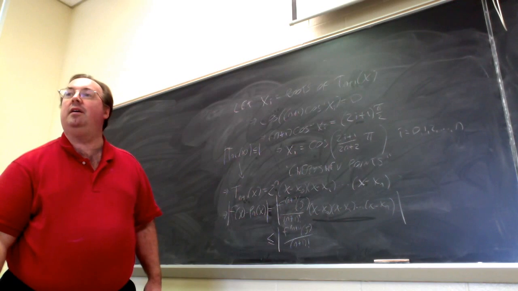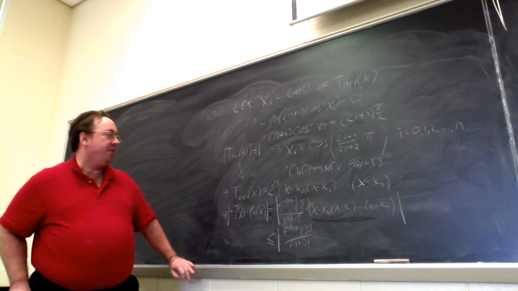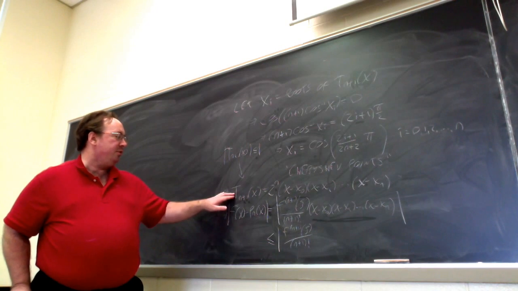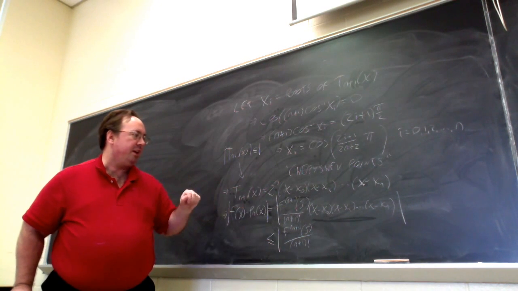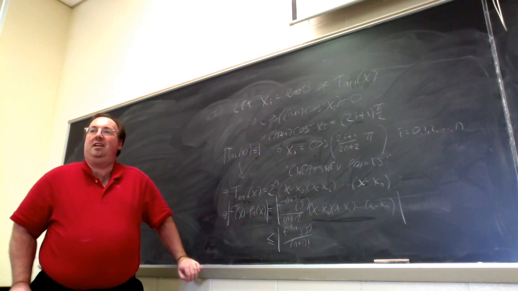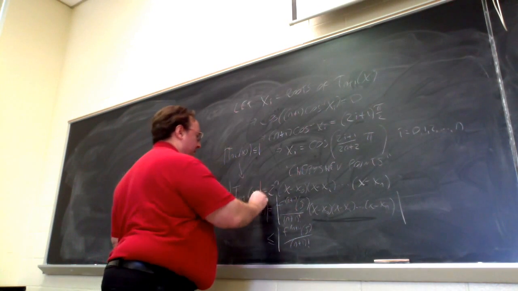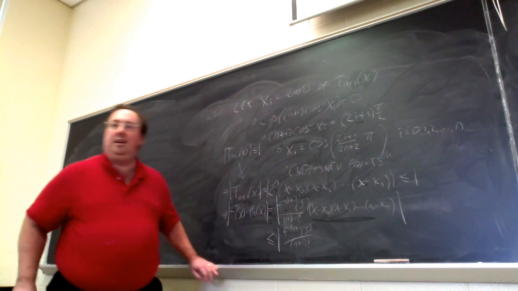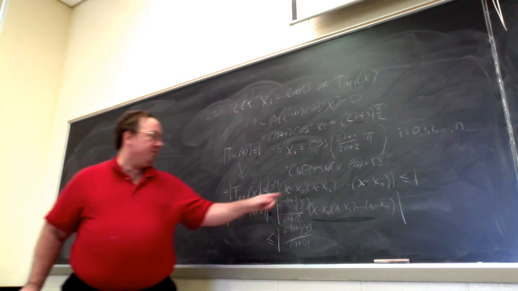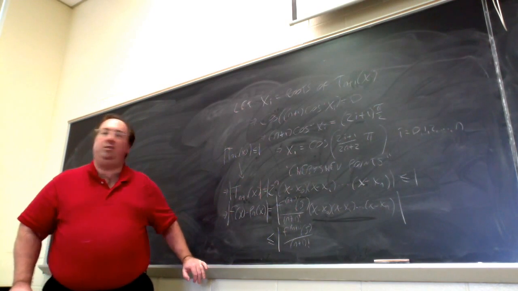Tn plus 1 we know is equal to this whole thing, but I only care about part of it. So knowing that this is less than or equal to 1, the product of all these linear factors is bounded by 1 over 2 to the n.